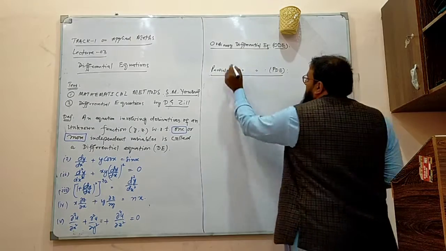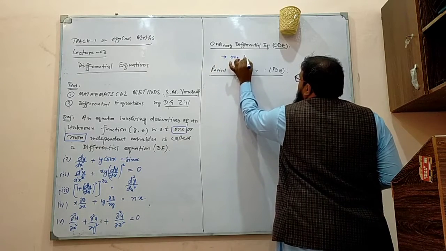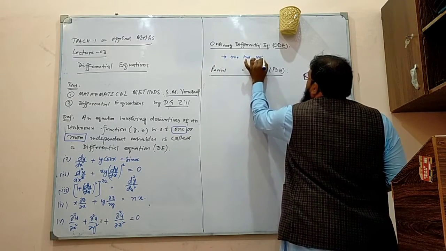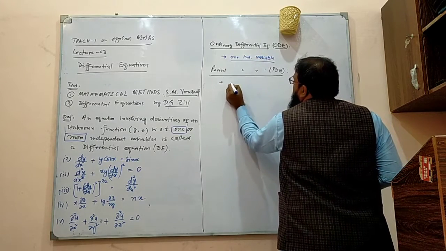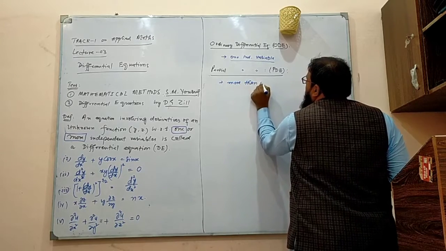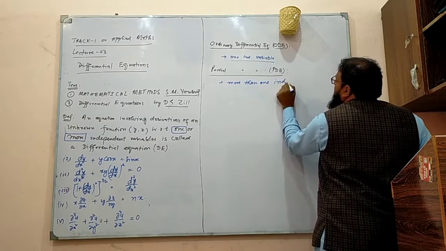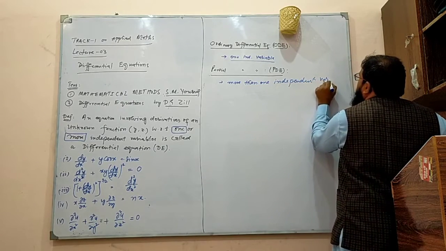So simply, in the ordinary one the characteristic is one independent variable, and here the characteristic is more than one independent variable.